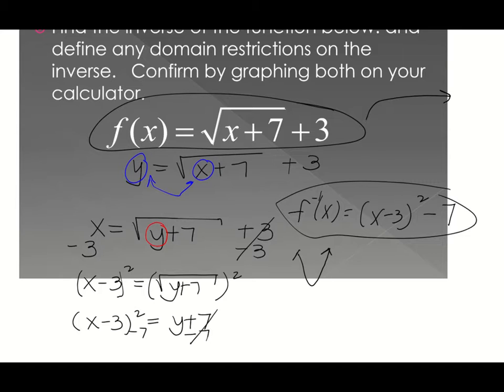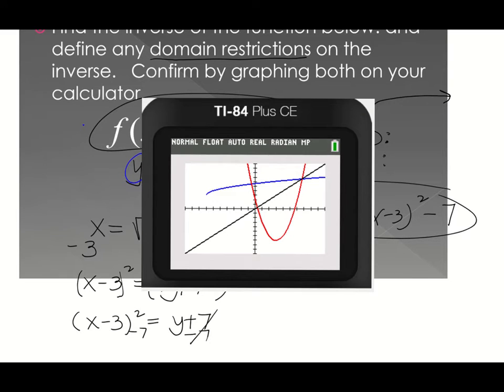So what I have to look at are my domain restrictions. So what I want to do is I want to graph my original function, and I want to figure out what my domain and range are of this. So go ahead and graph your original function, and I will graph as well.